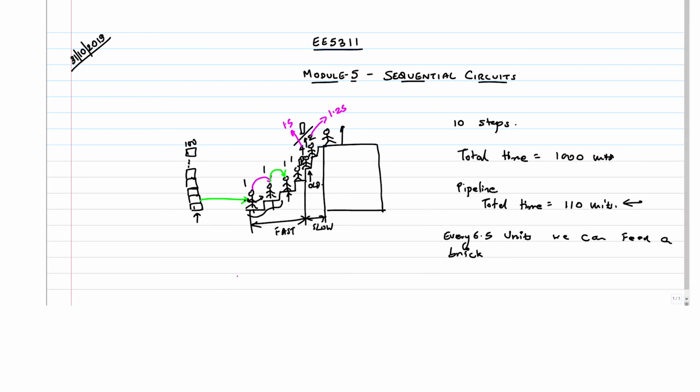Translating this to a circuit, this pedestal is basically called your capture flop. So if I want to draw this, I have a flip-flop. I'm assuming all of you have done digital circuits, so you know what a flip-flop is. We will come to the circuit details of this later. Then I have a combinational block C1 that's going to take 10 units of time.